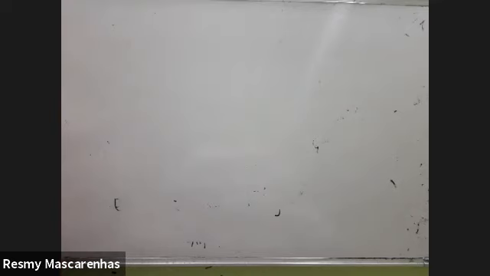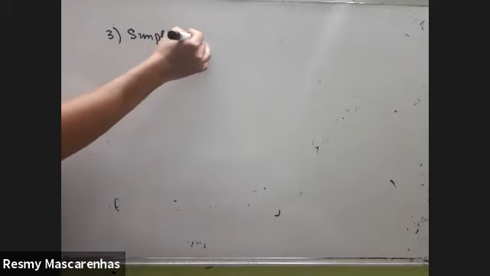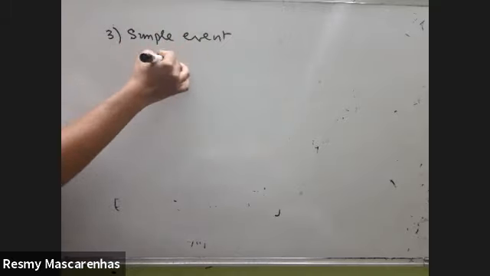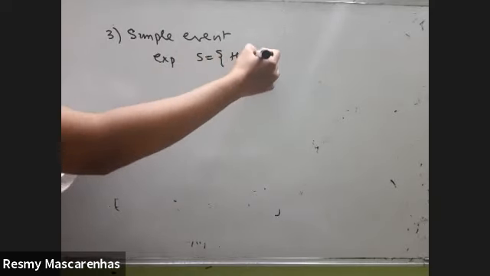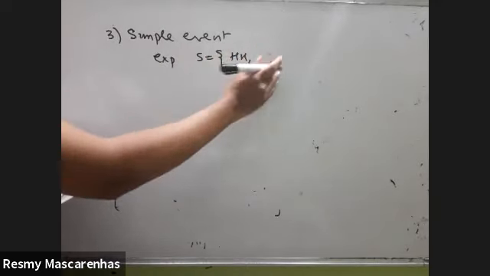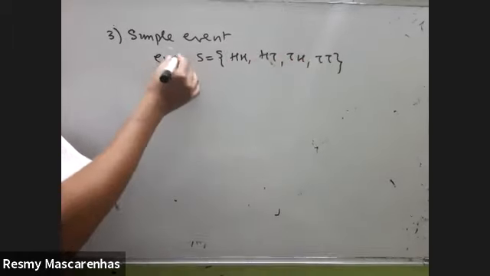So let us consider the experiment of tossing 2 coins. So the sample space will be head-head, head-tail, tail-head, tail-tail. So this is an experiment.